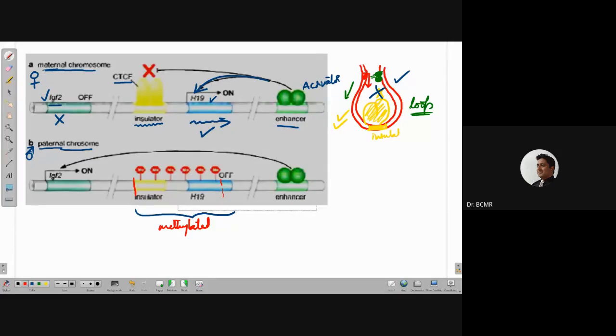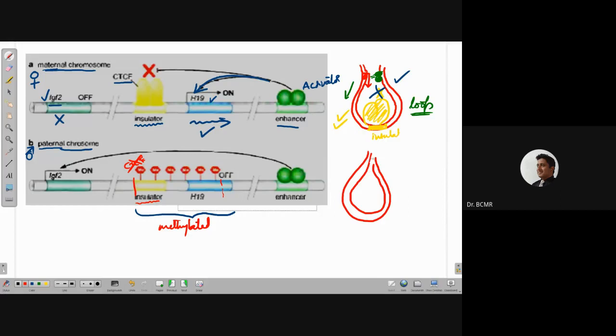So now you have a situation. The insulator is methylated, but CTCF cannot bind to a methylated insulator. It can only bind to an insulator that is unmethylated. So now the CTCF cannot bind. Then what is allowed? If CTCF is not there, then looping is allowed, right?